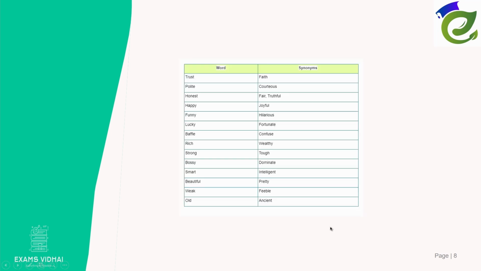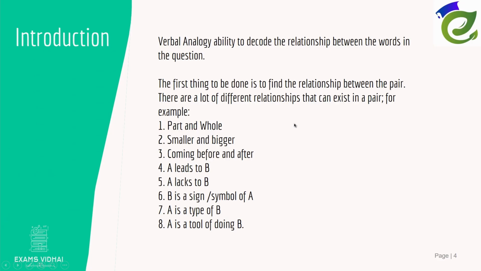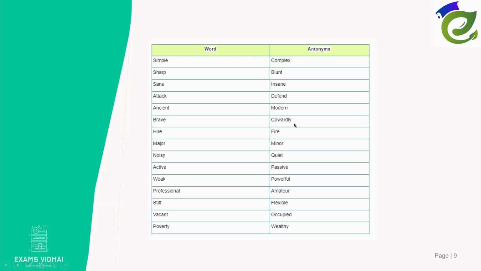Then words and their synonyms, which means similar words, like lucky and fortunate. They mean the same, but they are different words. Then words and their antonyms, the opposite words, like simple and complex. So let's go on with the problems and solve them.